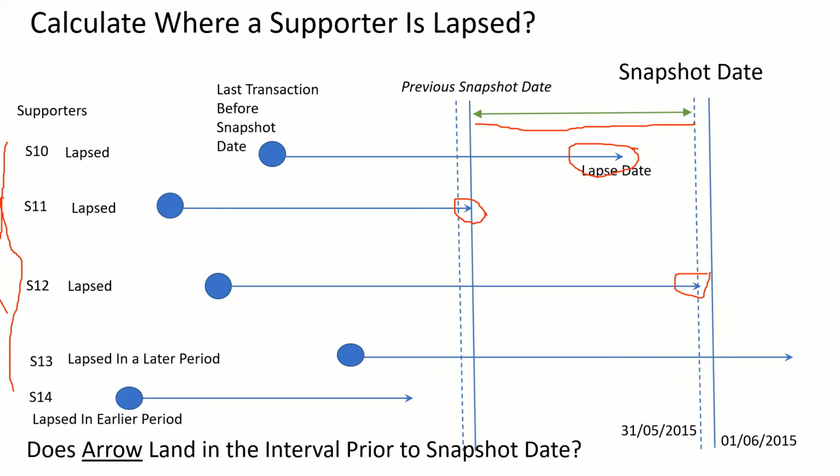All of these supporters could be considered lapsed, and the other two did lapse, but supporter 13 lapsed in one of the periods following this snapshot date, and supporter 14 here probably lapsed just prior to this snapshot date.